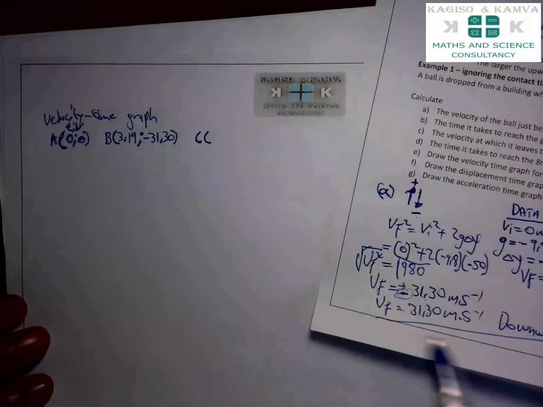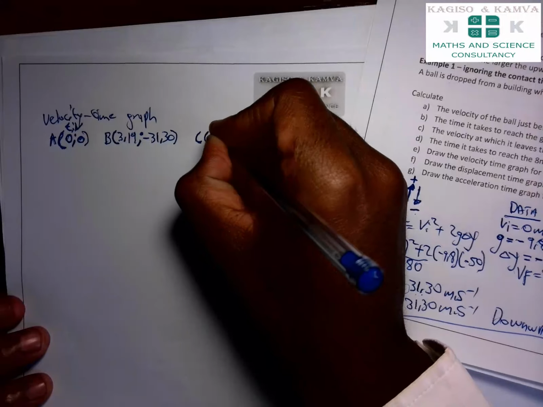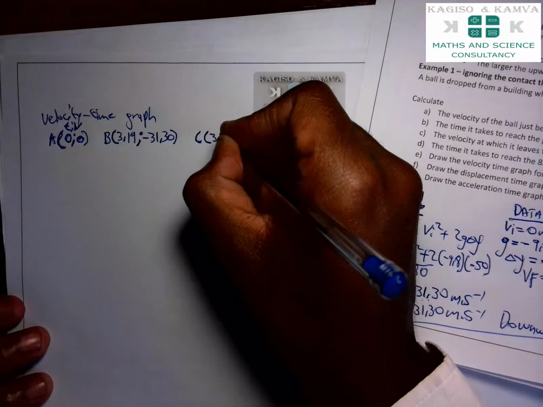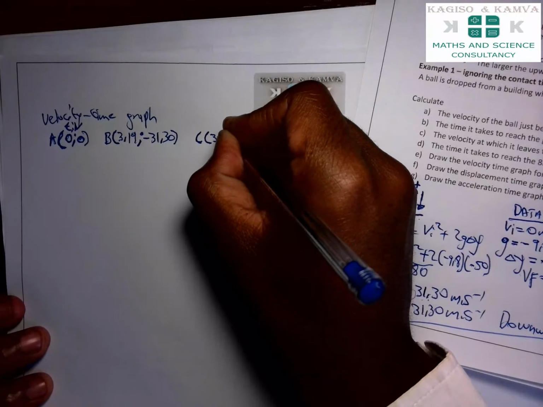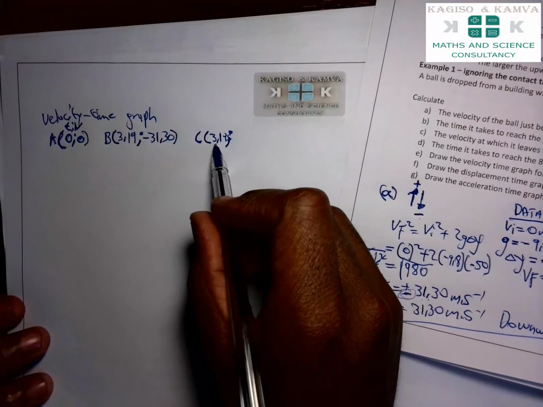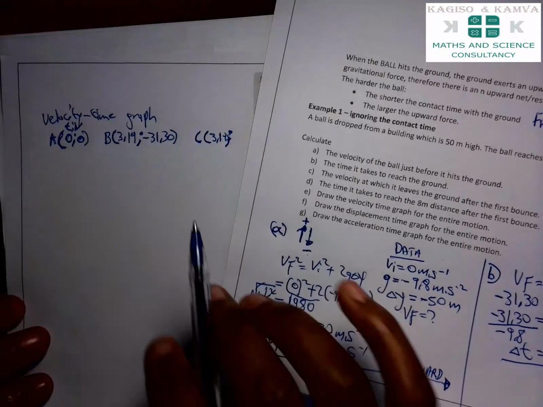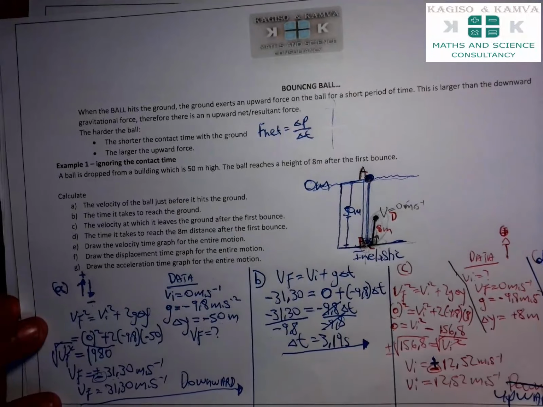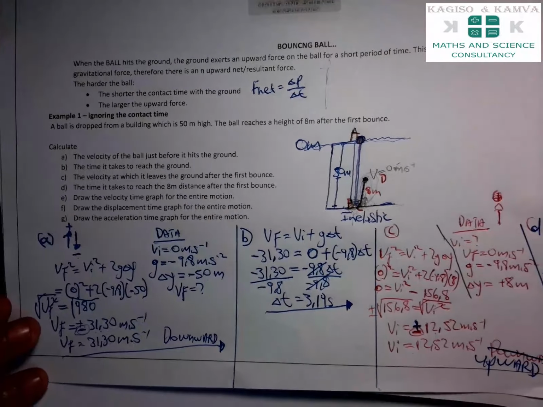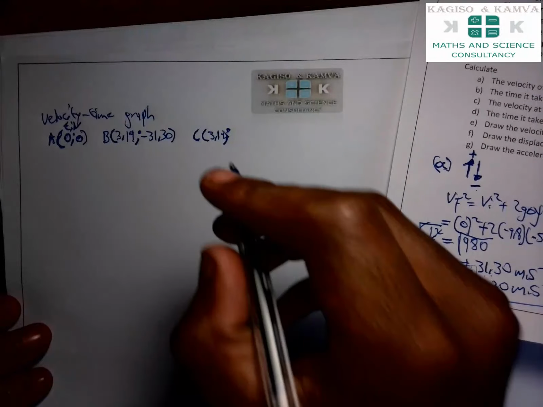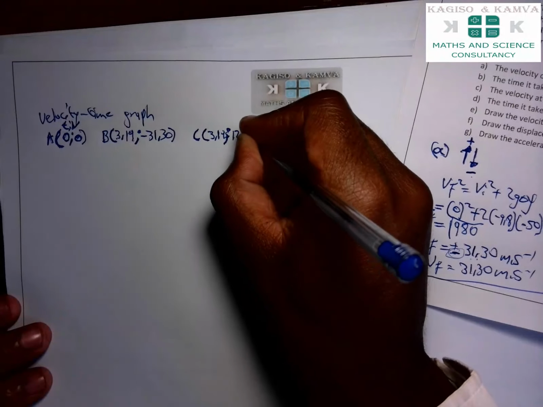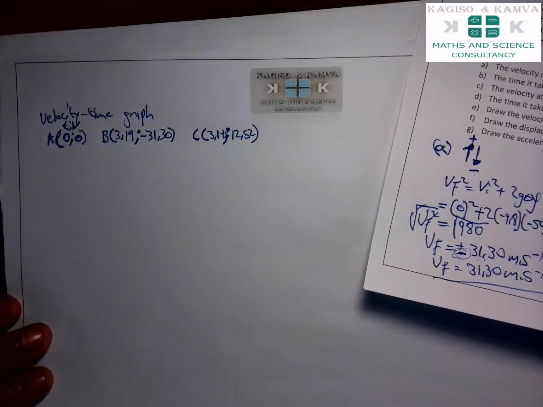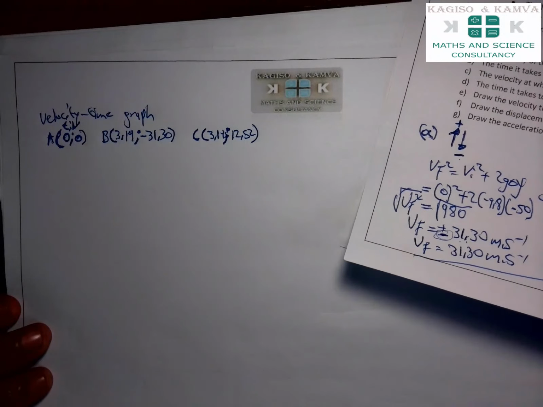At that time it's still 3,19 seconds, but what is the velocity of the ball when it leaves the ground? It left the ground at positive 12,52 meters per second, because they said for the entire motion.